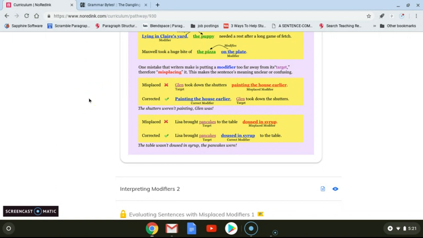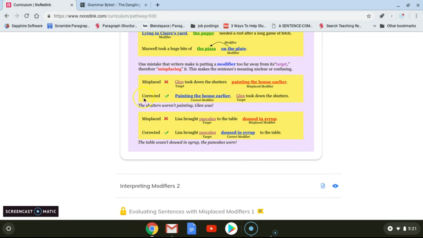However, when we look at the way that the sentence is written, the placement of the modifier makes it sound like the shutters were painting instead of Glenn.